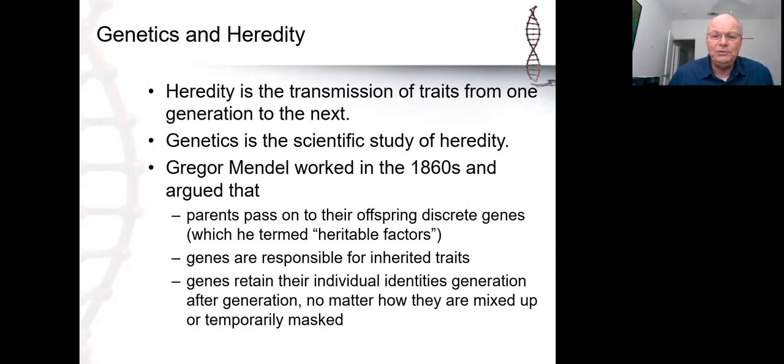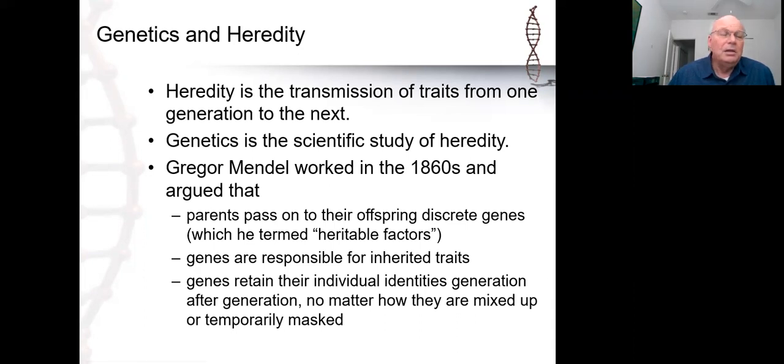Now, Mendel did all of his work in the city of Brno, which is found in the Czech Republic today, but was at the time part of the Austro-Hungarian Empire, which is the reason why he is referred to as an Austrian monk, because his town was in a part of the Austrian Empire.